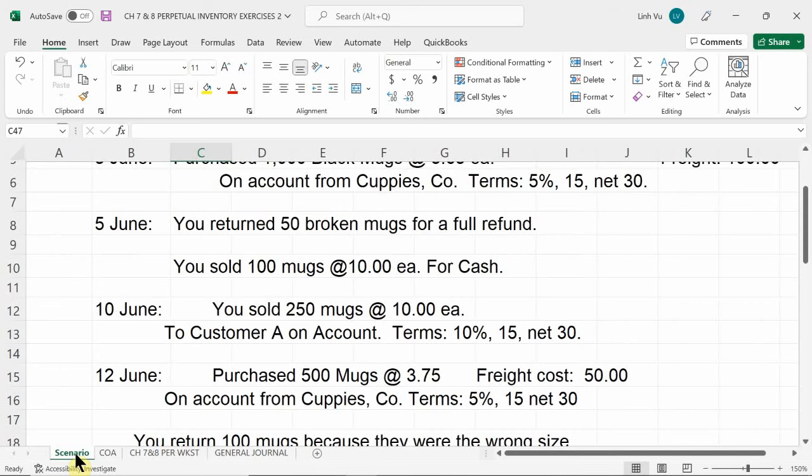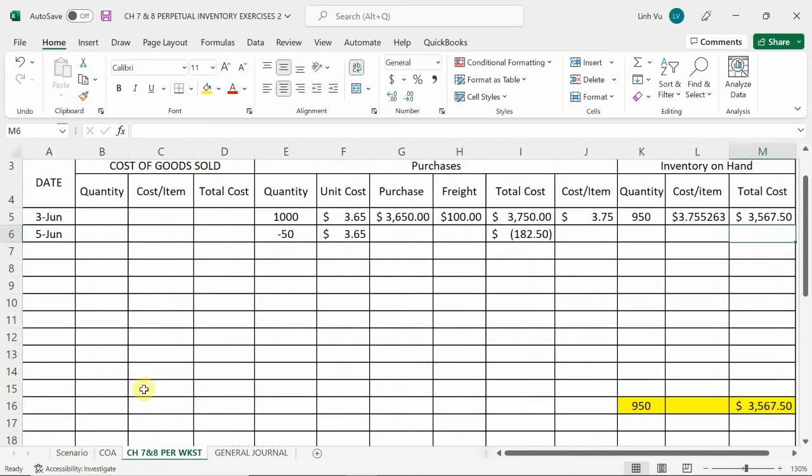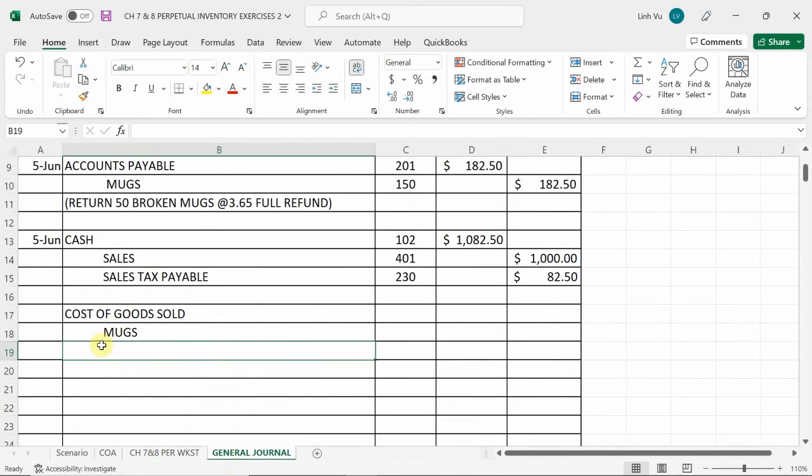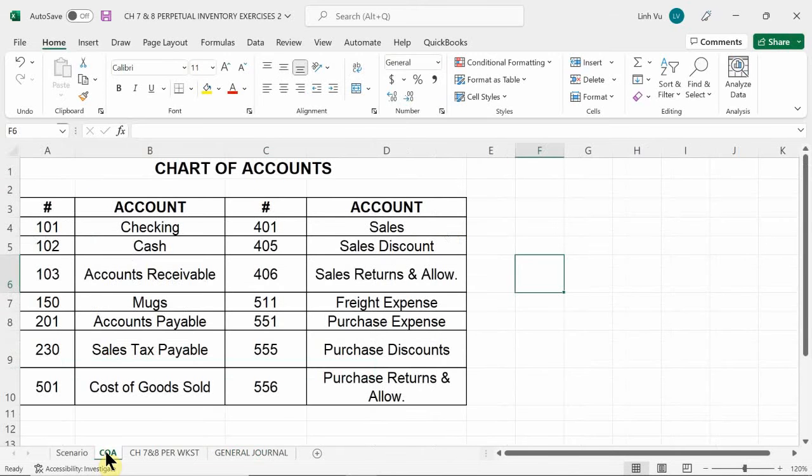So there you go. Sold 100 mugs at $10 each for cash. Okay. Chart of accounts. Cost of goods sold is 501. And of course, your mugs is 150.